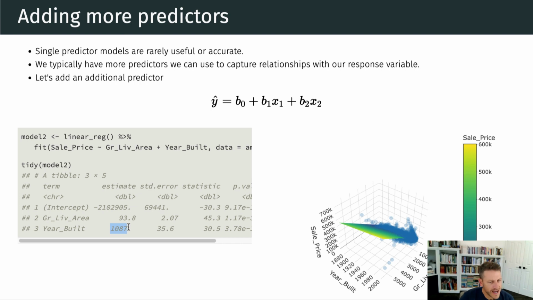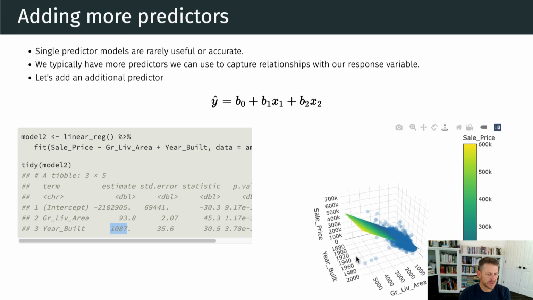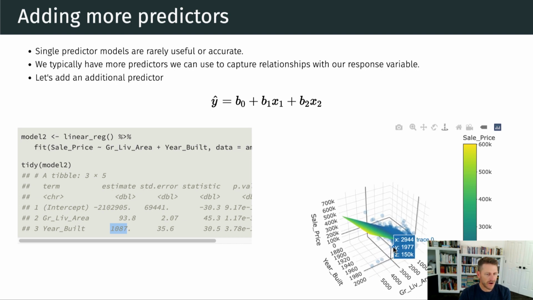Now, what is actually happening here is we've gone away from fitting a single line to now fitting a plane, right? And so we can see that in this image here, where all our individual homes are these points in the scatter plot. We have sale price on our vertical axis here, and then we have year built along this axis and ground living area along this, right?